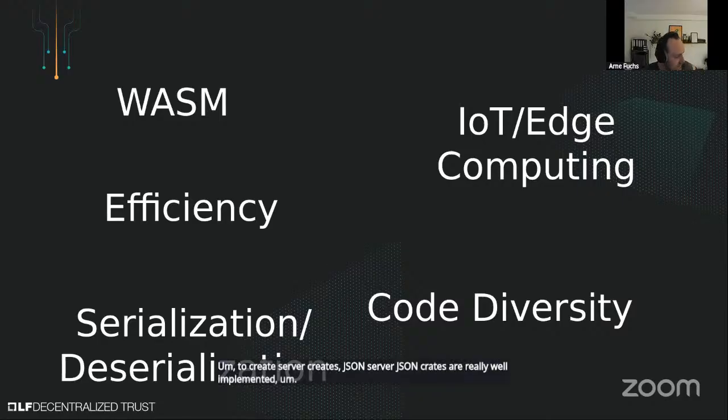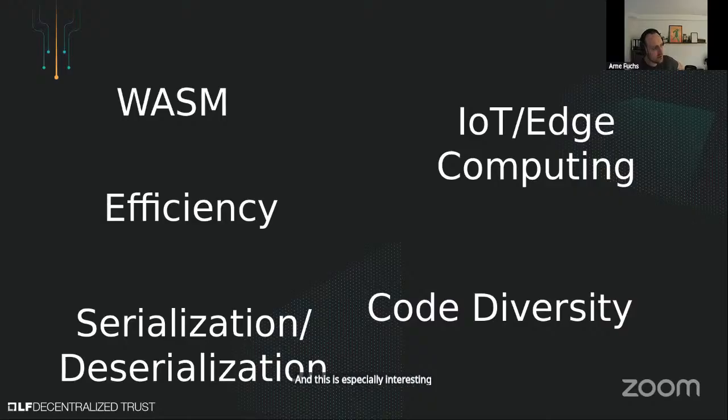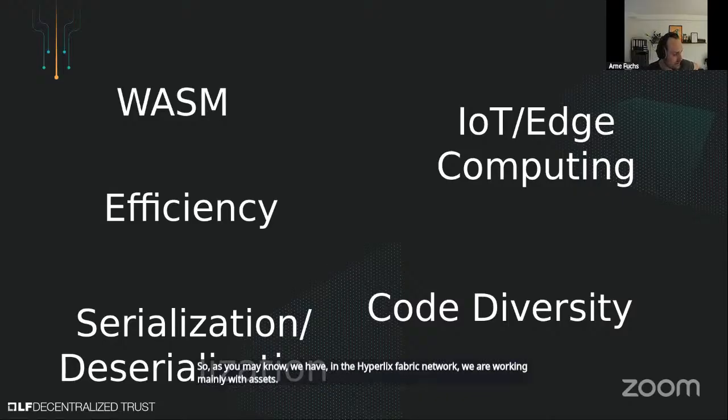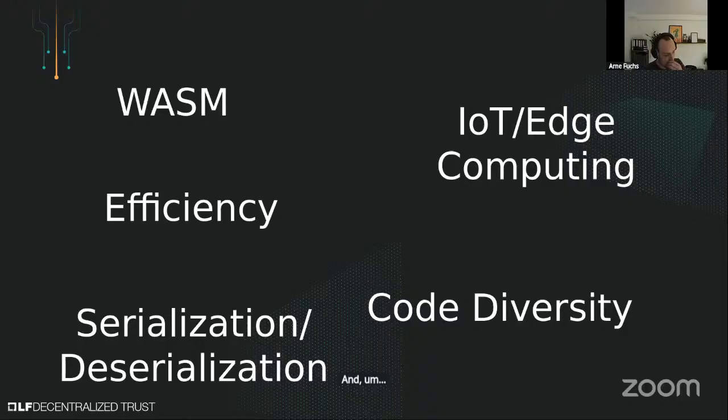And this is especially interesting if you have assets on the chain. As you may know, in the Hyperledger Fabric network, we are working mainly with assets. And these assets can be serialized structs, for example, written in Rust. So you can just define a struct, serialize it into JSON and put it in the asset.